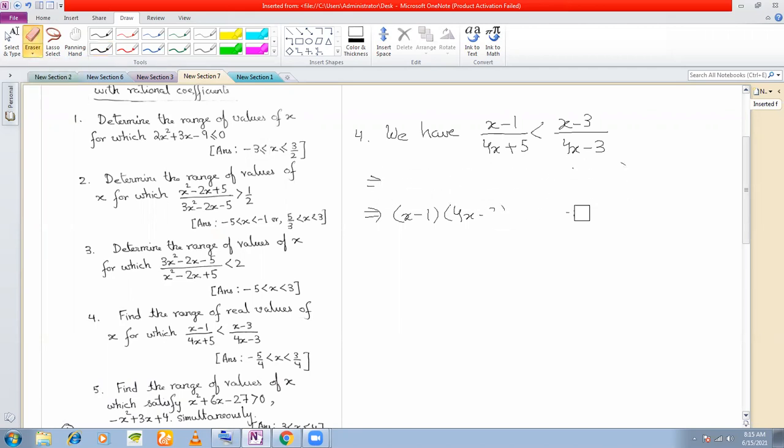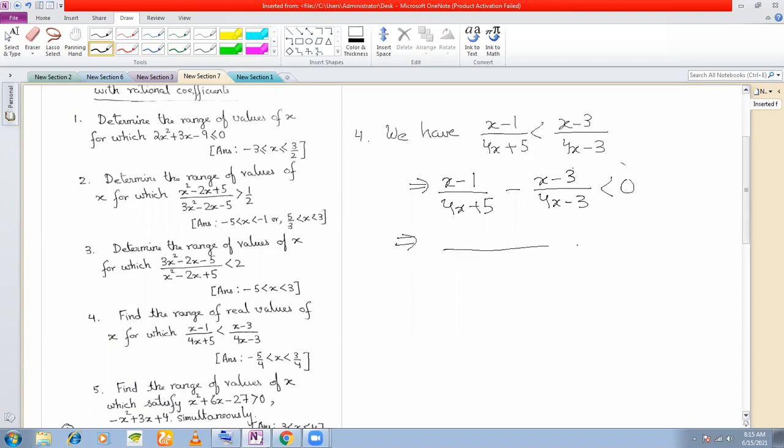Take everything on the other side. Now you take the LCM. See here, the convenience here is that the denominator we are already getting in a factorized form. That is the convenience.